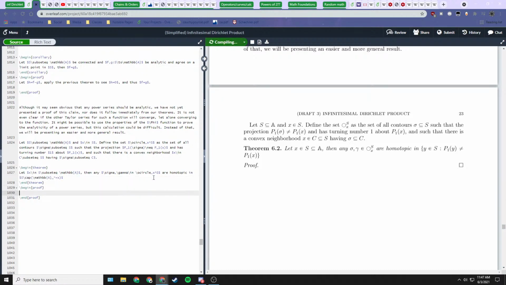Okay, so the proof is going to be, I think what we want to do as sort of a proof sketch is, since both of these are in these convex neighborhoods, the first step is to find a way to force them into the same neighborhood.